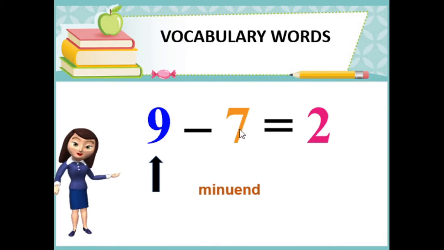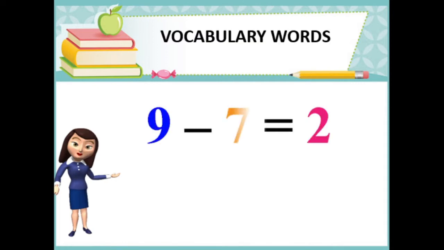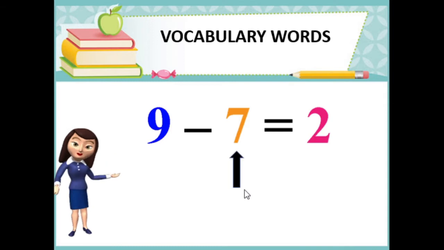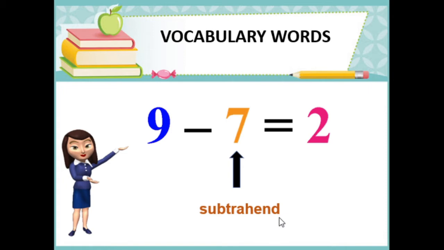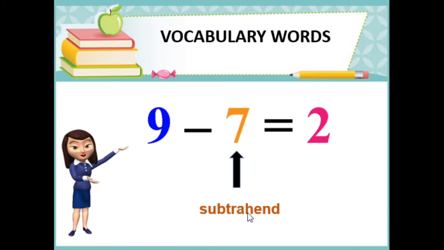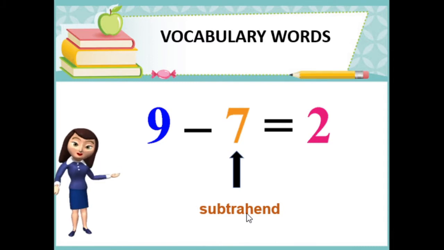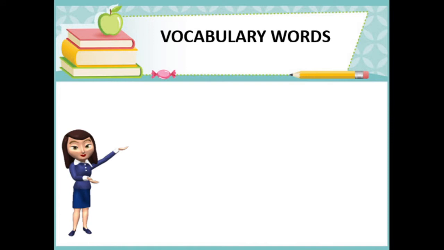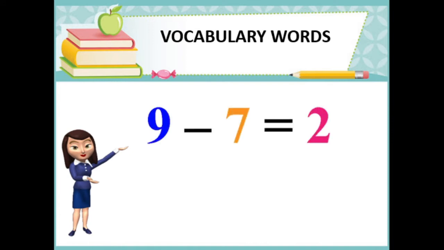Next, number 7 over here. And 9 minus 7 is our subtrahend. Subtrahend. Say it. Good job. Subtrahend. Very good. And lastly, in addition, the answer is called a sum.